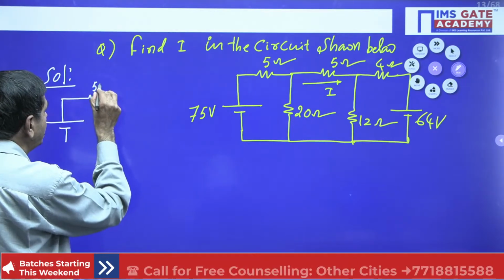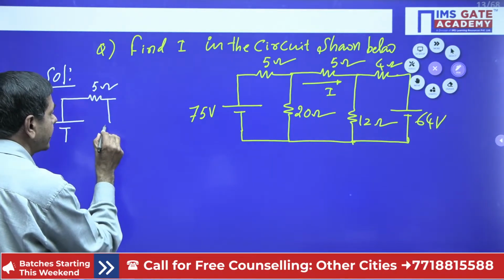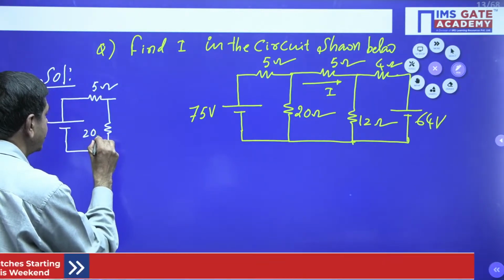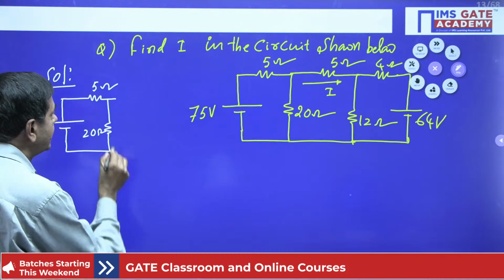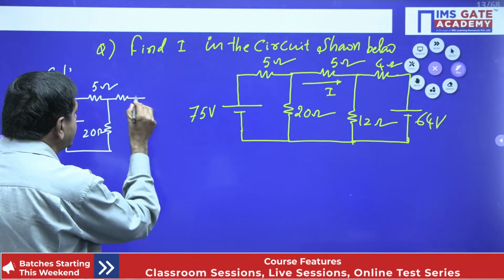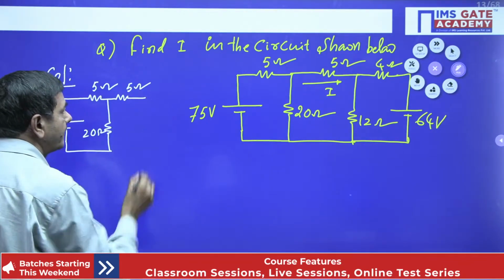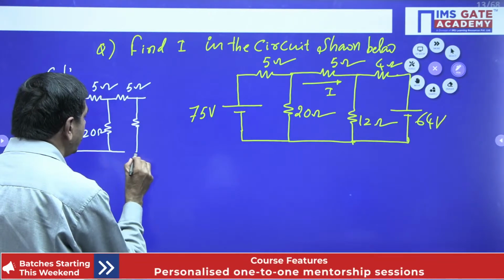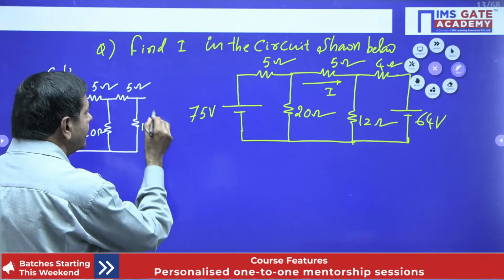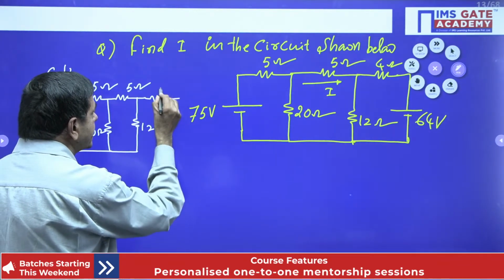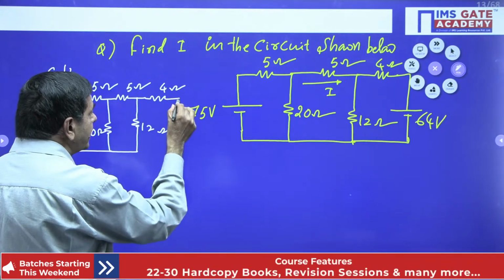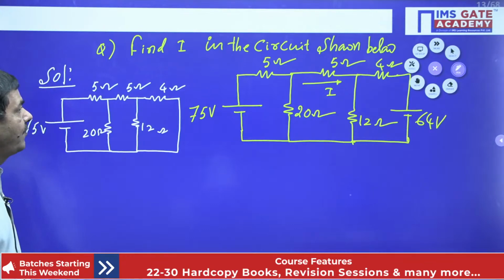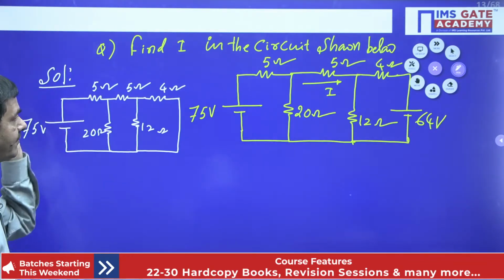Here a 20 ohm resistor is connected, this side a 5 ohm resistance, and this side 12 ohm. Here I got the 4 ohm resistance. This voltage source must be shorted only now. 12, 4, 5, 20, 5, 75. Yes, that's given.